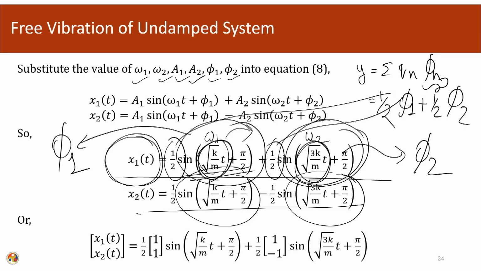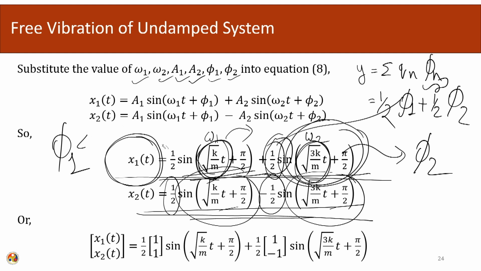Similarly, for the second mode, again a summation of phi 1 and phi 2 with the respective phis. So, at each degree of freedom there is a contribution from the first mode, which is multiplied by an amplitude factor. This also establishes our assumption.